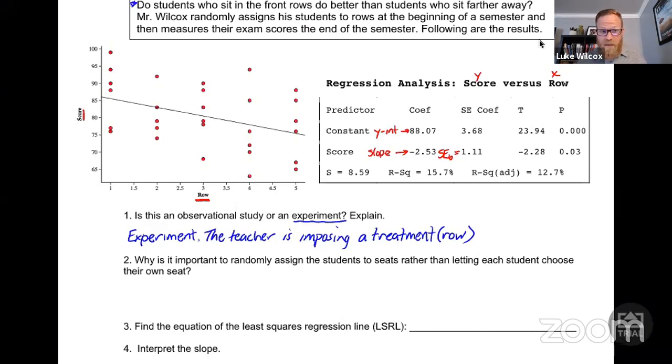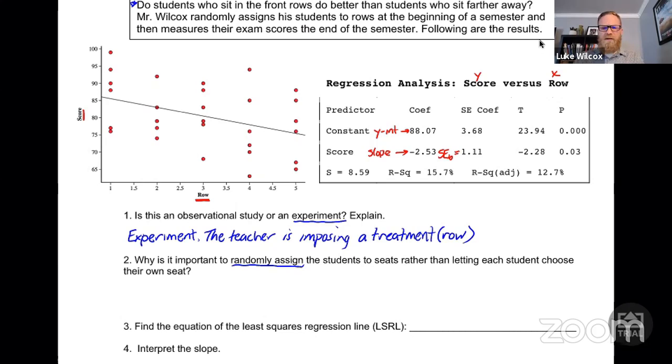Now, second question related to that, why is it important to randomly assign the students rather than letting each student choose their own seat? So why is it important that we do this? Well, if you think about it, if I just let students sit wherever they wanted to, some people might say that the more studious students who really want to do well would come right up front.